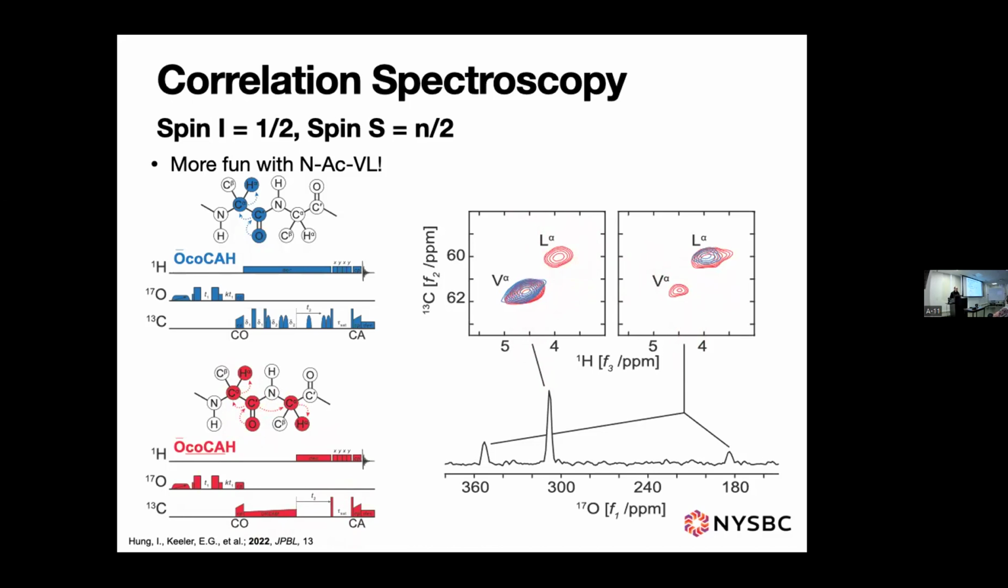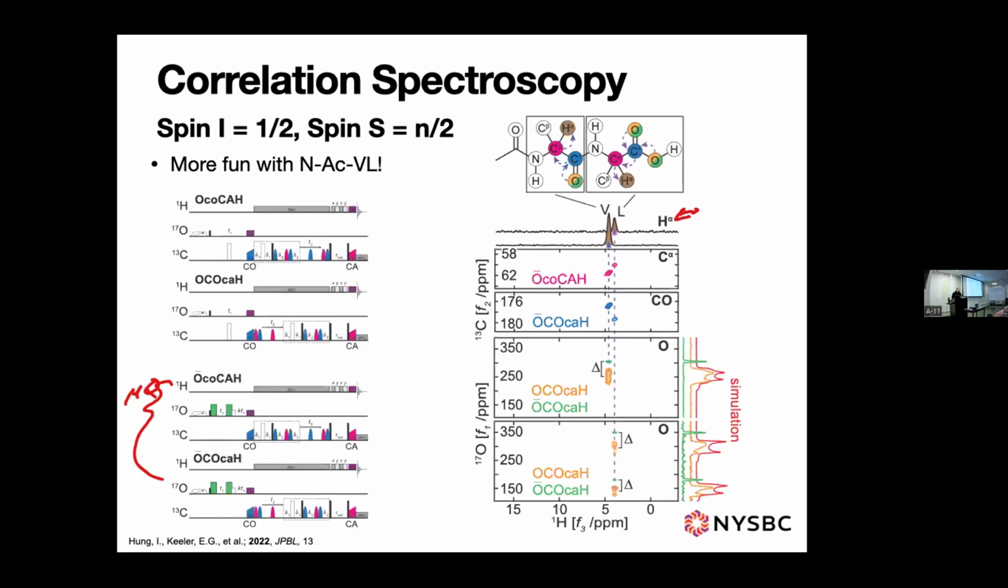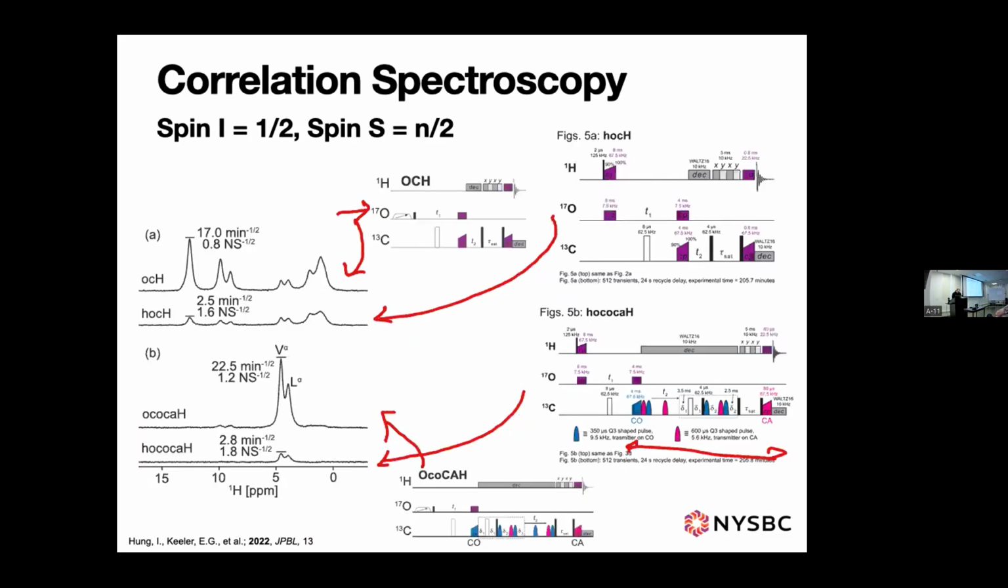How do you do the CO to CA transfer in the experiment? In the top experiment, the CO to CA transfer, it's complicated. I think this one might show it a little. I don't know if I have one that actually explains it. It's using basically shaped pulses to resonate on the two. Oh, okay, so it's some sort of frequency selective.